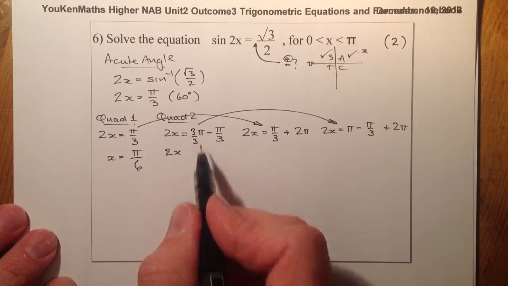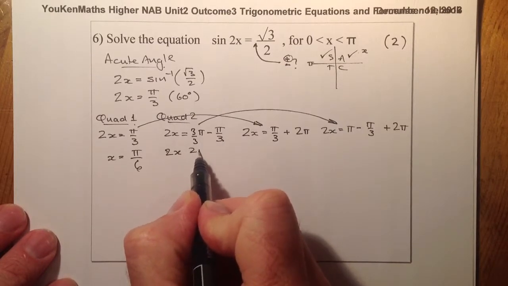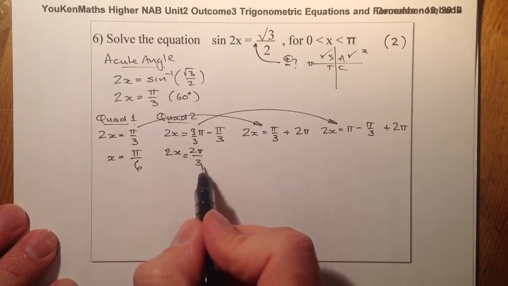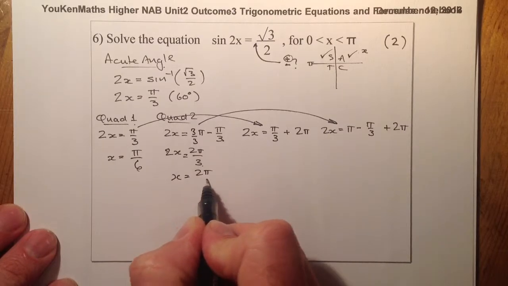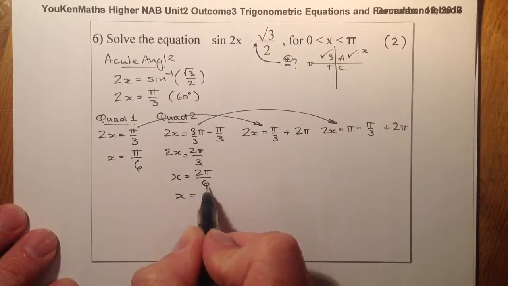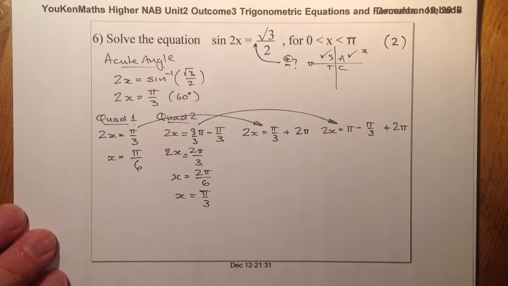Pi is just the same as 3 over 3. So if I subtract that, I'll get 2 pi over 3. And if I divide that by 2, I should get x is equal to 2 pi all over 6. So x here is going to be equal to pi over 3, just simplified down.